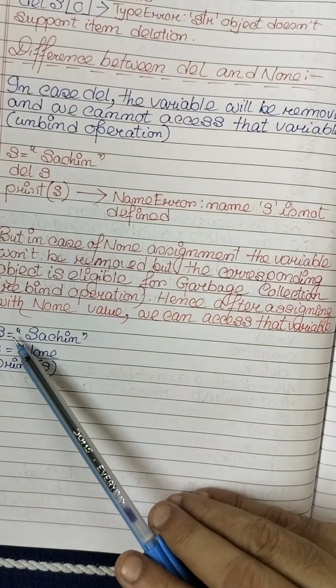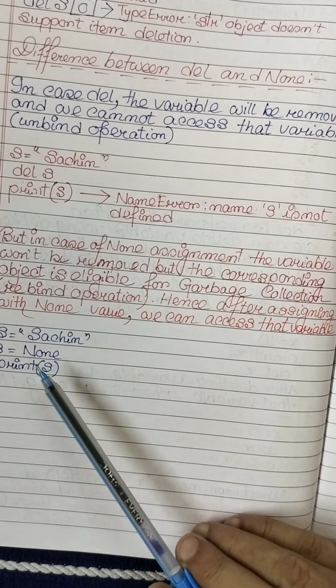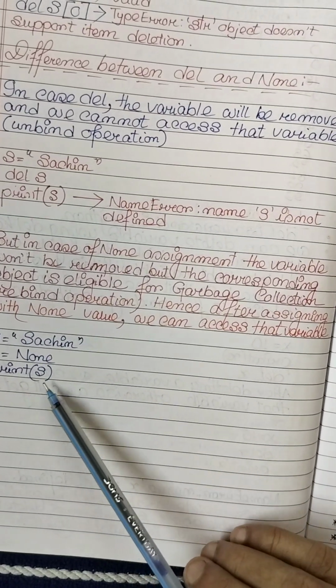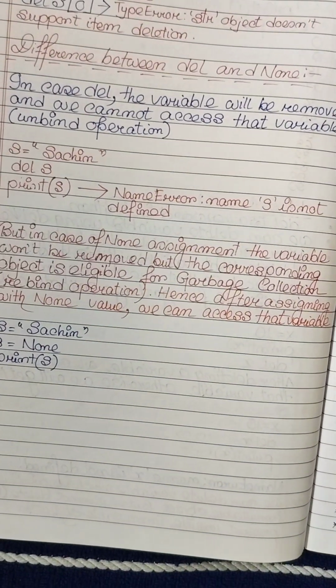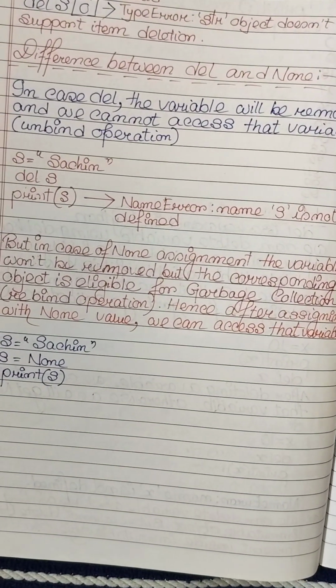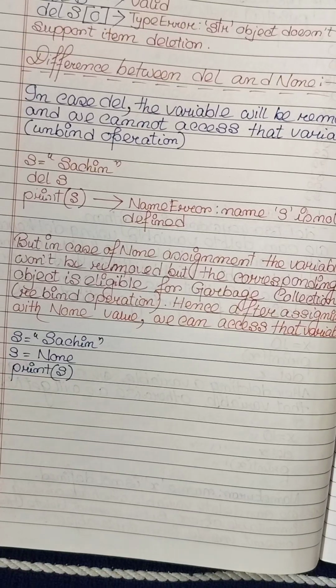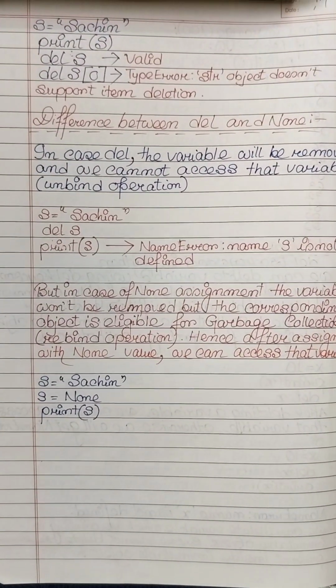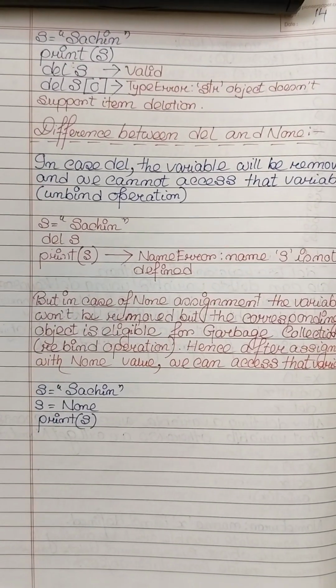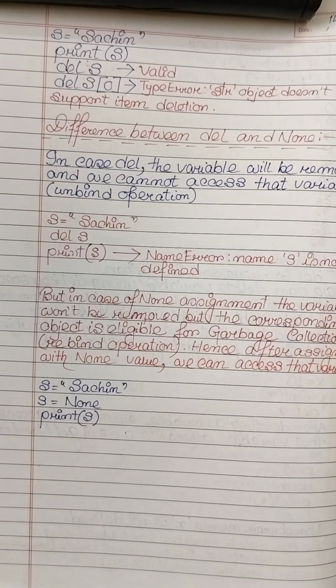See, S is equal to Sachin, S is equal to none, print S. Using none is the rebind operation, and using del is the unbind operation. So friends, today's topic on the difference between del and none has been completed.